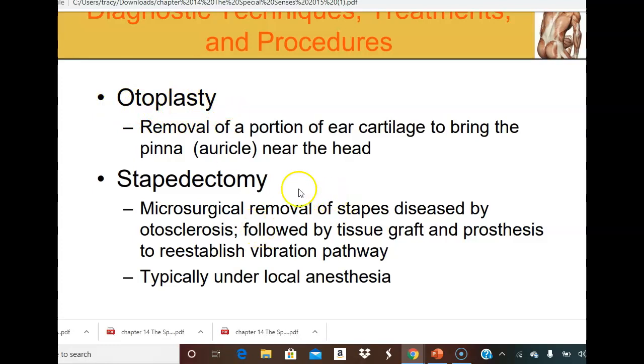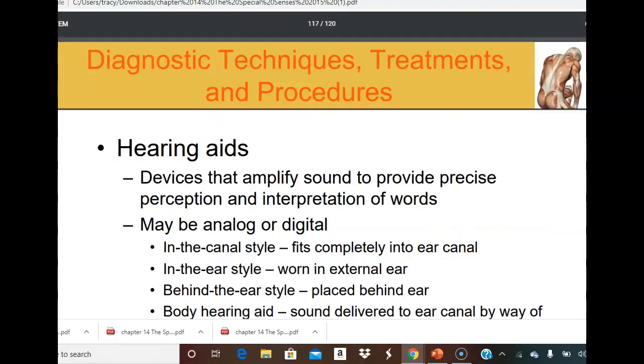This is having the ears fixed. And then we talked about the stapedectomy already. When you have otosclerosis, and the stapes is hard and sclerotic from increased infections or what have you, you can do a graft, and there's a small prosthesis that can be put in that will allow that vibratory pathway to be reestablished.